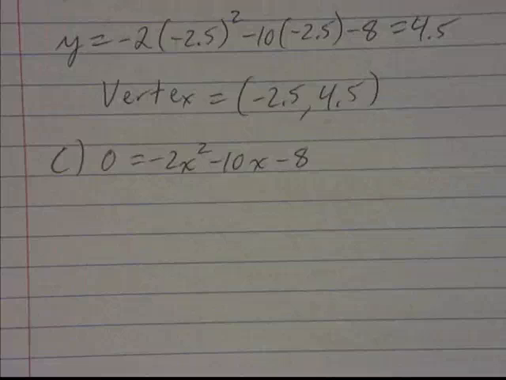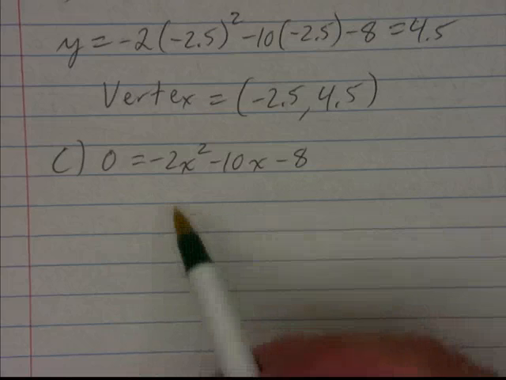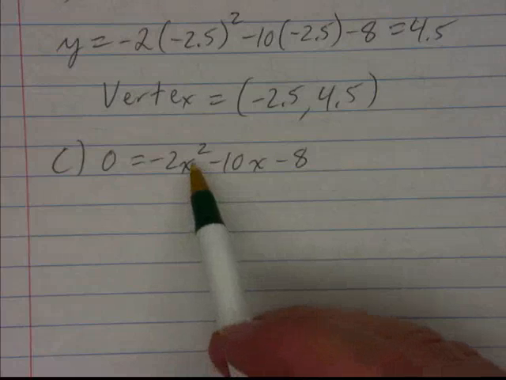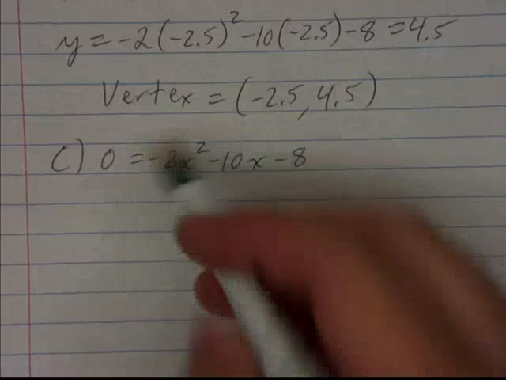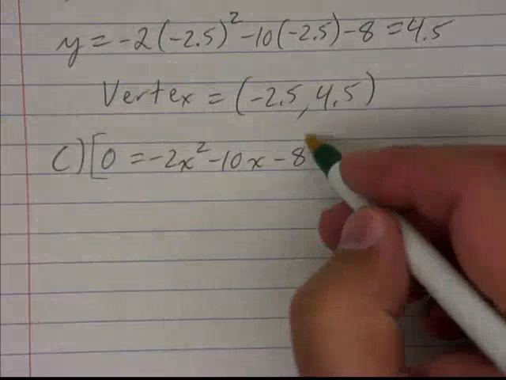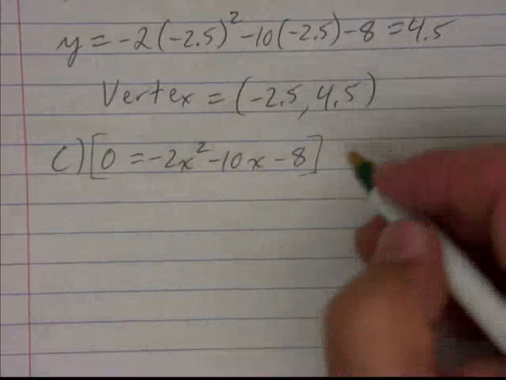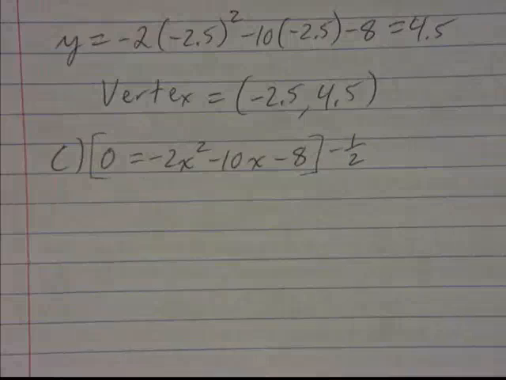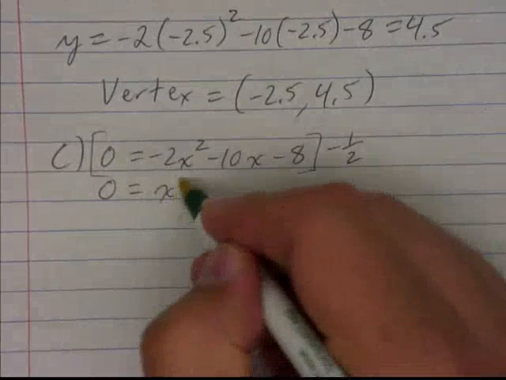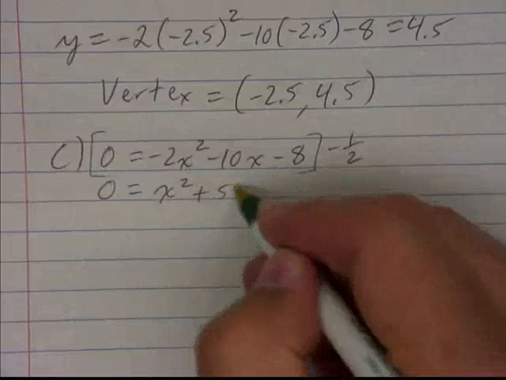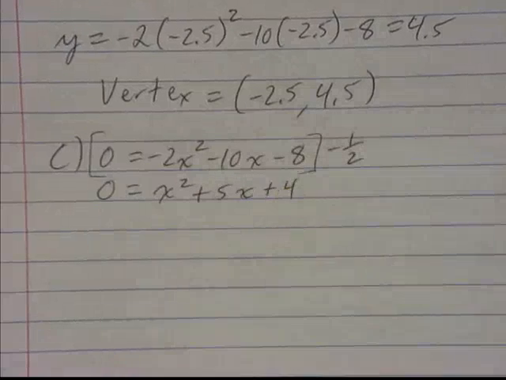I can either solve that using the quadratic formula, or I can try and factor this. This one factors pretty easily. So I'm going to get rid of the negatives first and get rid of this 2 out here. I'm going to multiply both sides by negative 1/2 to make things a little easier, which gives me 0 equals x squared plus 5x plus 4.